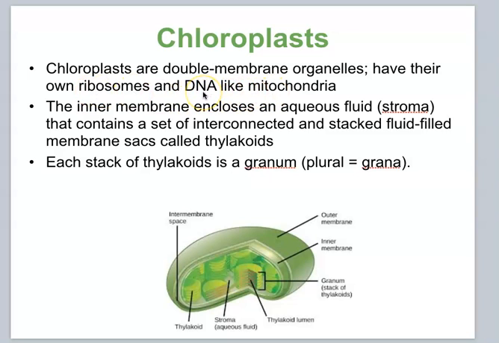And one thing I didn't mention that I'm sure I'll come back to later, I focused on the energetics of mitochondria. Both chloroplasts and mitochondria have their own DNA, which means that's how they respond to the changes inside of the cell. Okay, the inner membrane has an aqueous fluid that's called stroma, and a set of interconnected and stacked fluid-filled membranes that are called thylakoids.